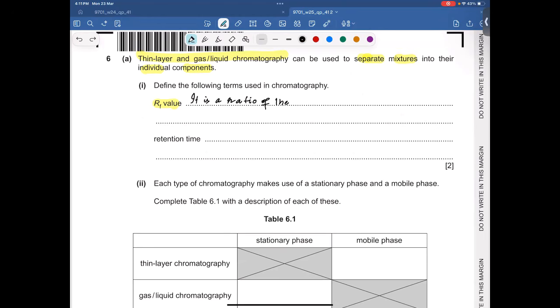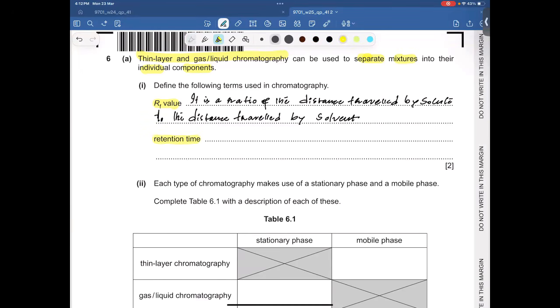So it is the ratio of the distance traveled by solute to the distance traveled by solvent.